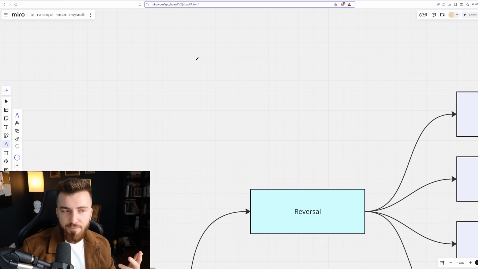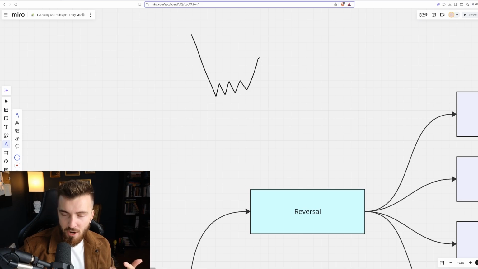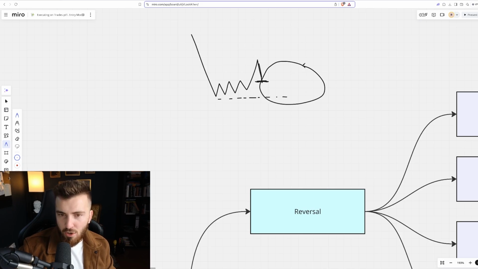But our reversal is, for example, let's say that we are bearish, and now we have printed a bearish day. So now you expect the market to move towards these lows, right? That means that you are going to want to zoom in here and wait for the market to move up.